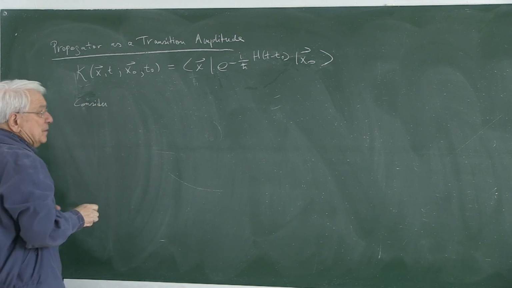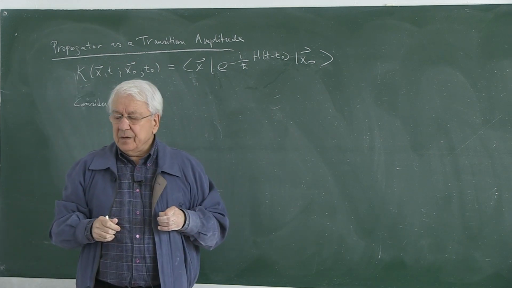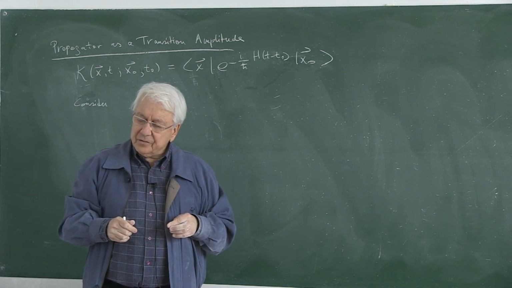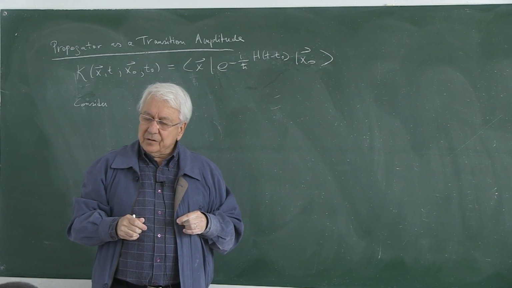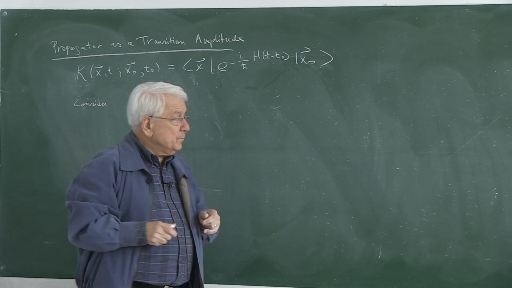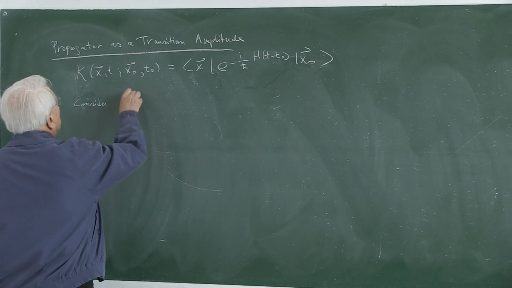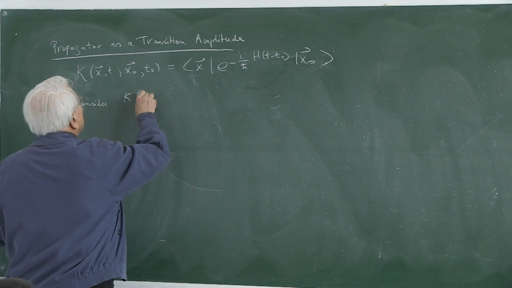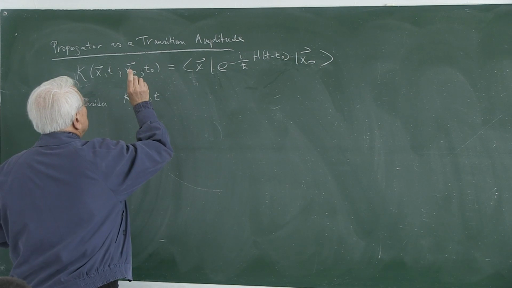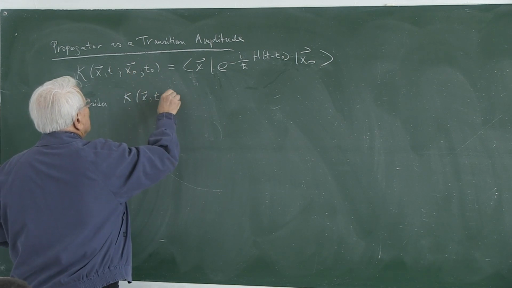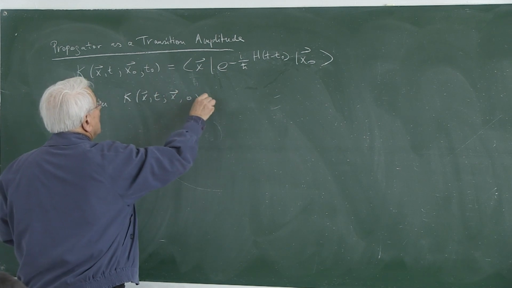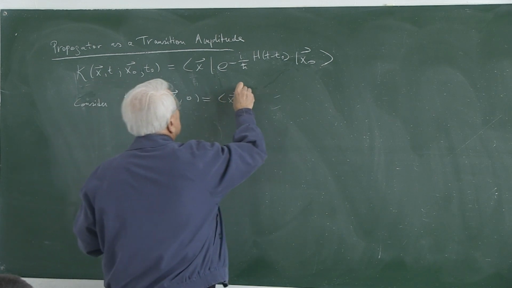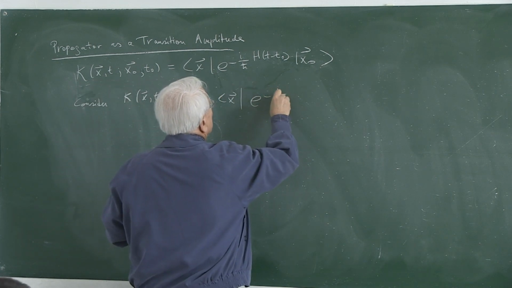Consider setting t0 equals 0 and set x equals x0. K(x t, x0), which is x and x e to the minus i over h bar.